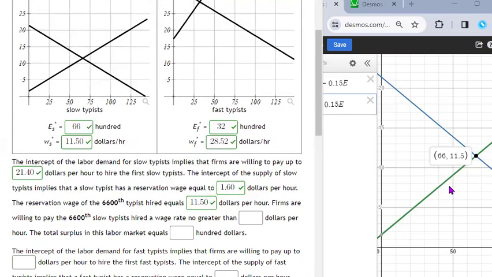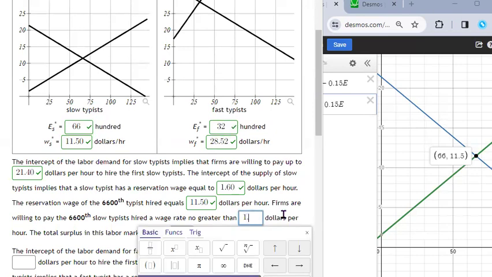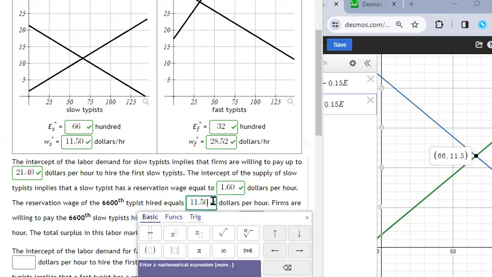The labor demand curve reaches a maximum at this 6,600 level of 11.5. The labor supply curve reaches a minimum at 66. The labor demand curve reaches a maximum at 66. So again, the marginal firm and the marginal worker set the market wage of $11.50 per hour.